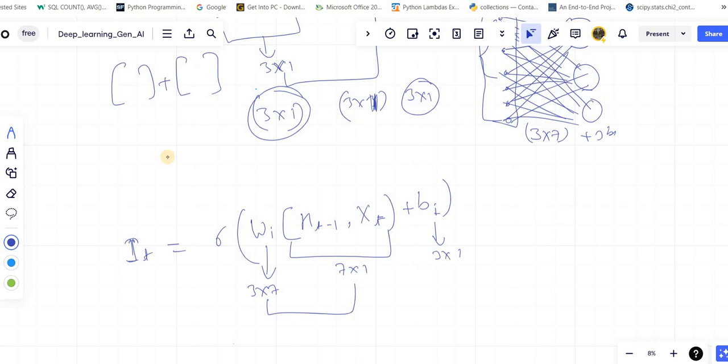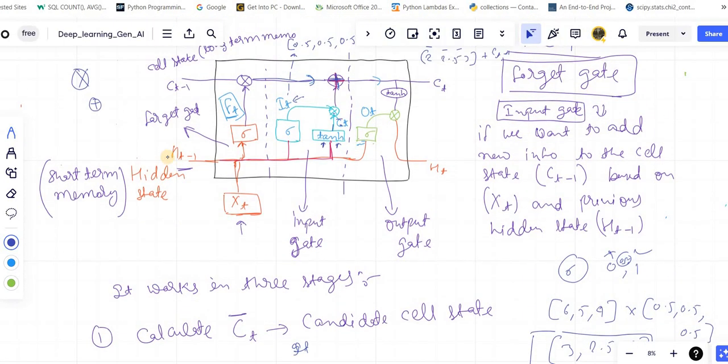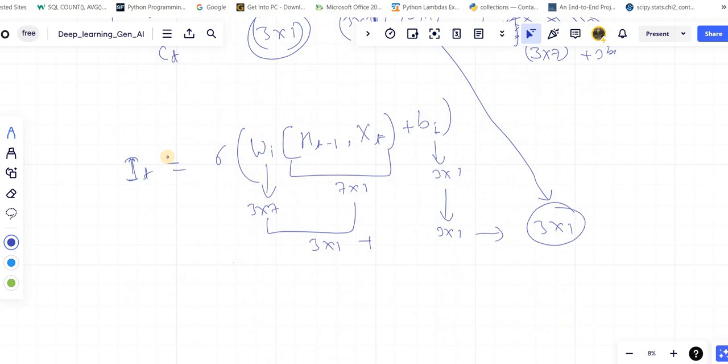So if you multiply this, it will become 3 cross 1, and plus 3 cross 1, you will finally get a 3 cross 1 matrix. And these two you have to multiply, because this is your candidate cell CT. So CT and IT should get multiplied, as you can see here, and whatever the value comes will get added to CT minus 1. Correct? So this is how we are able to calculate the input gate as well. Is it clear?